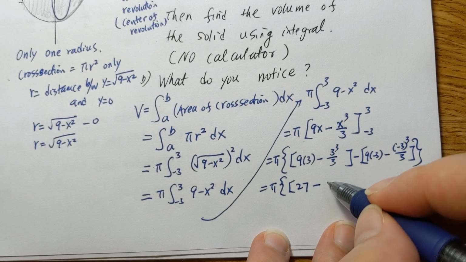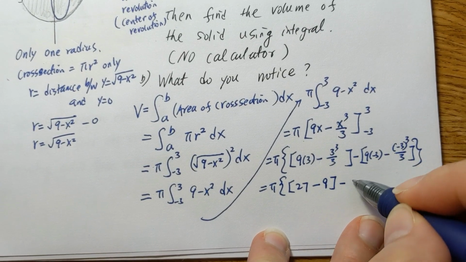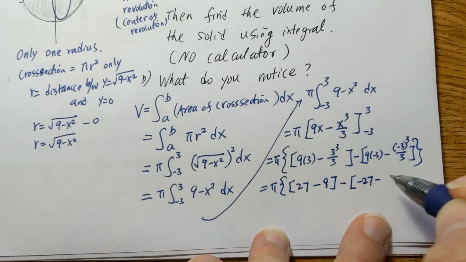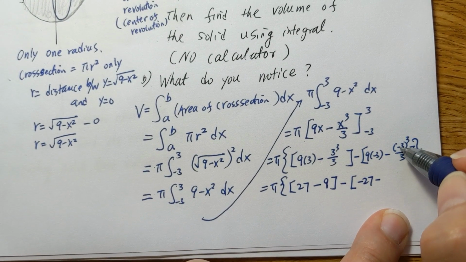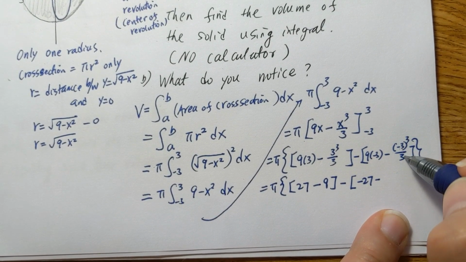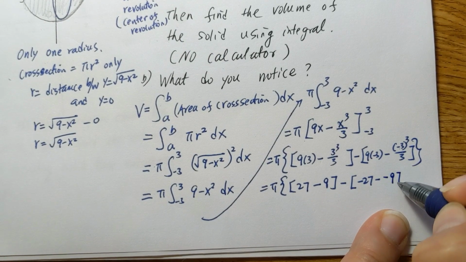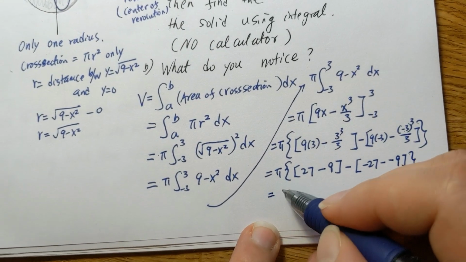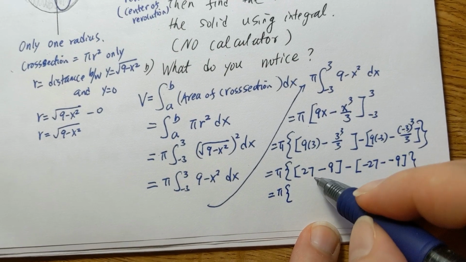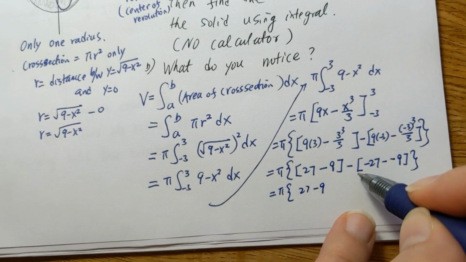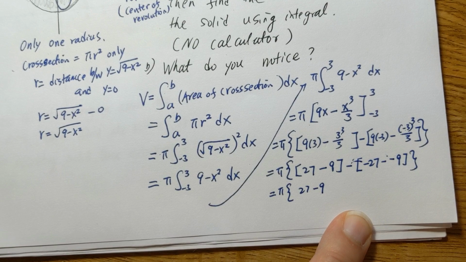27 divided by 3 is 9. And then you get negative 27 minus, this is going to be negative 27. Negative 27 divided by 3 is going to be negative 9. Okay, now we're going to have 27 minus 9. Then you do the properties.